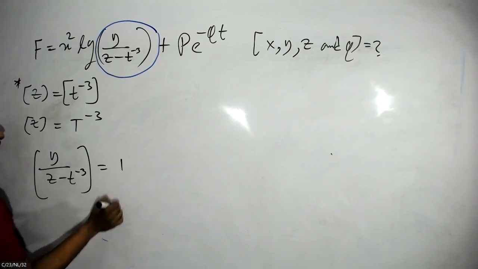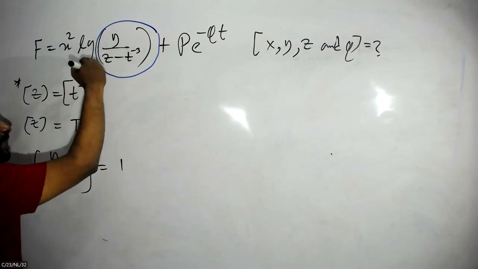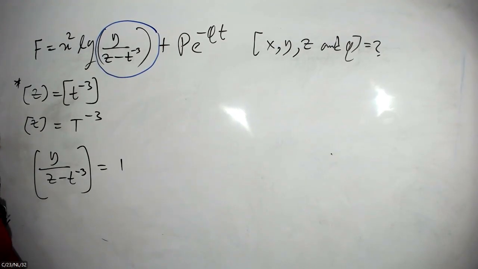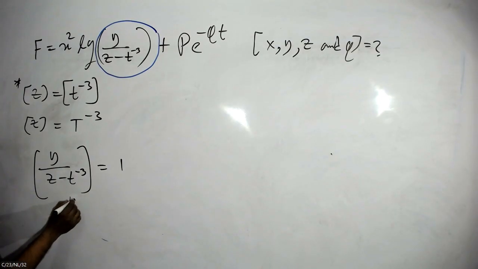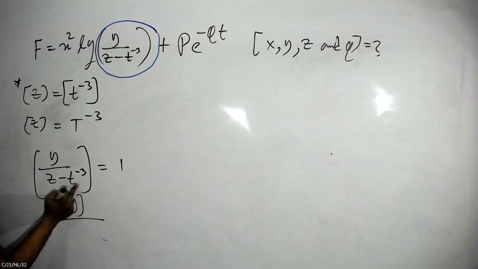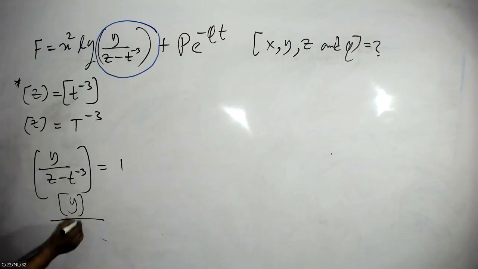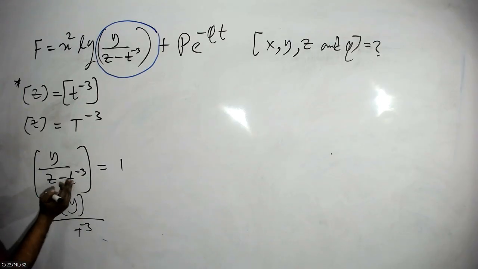Dimensions of this term should be 1. This term should be a numerical value, right? We consider log values only for pure numbers, right? Then you can identify the dimension of Y. Terms that are subtracted should have equal dimension, and the dimensions of the denominator should be equal to the dimensions of each term, t to the power minus 3.